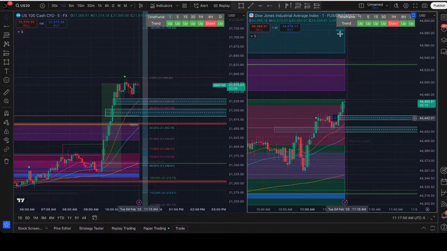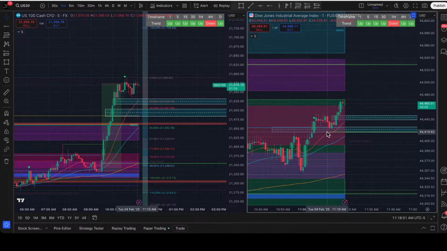So that would be your entry. Stop loss there, or 2 ticks under. After it gets tapped. Let's see what that looks like.